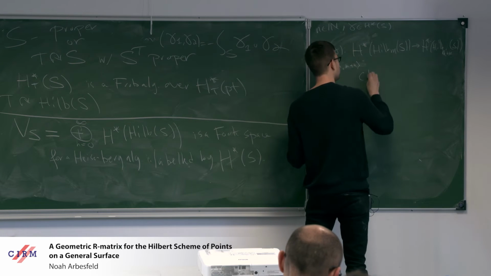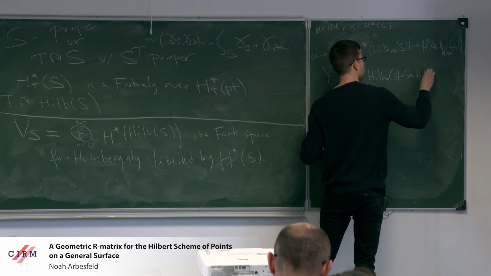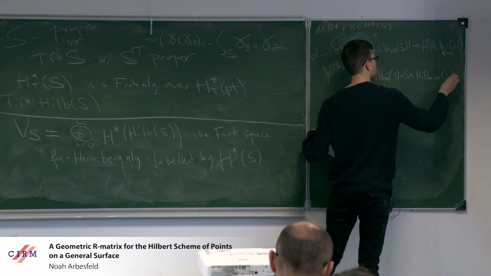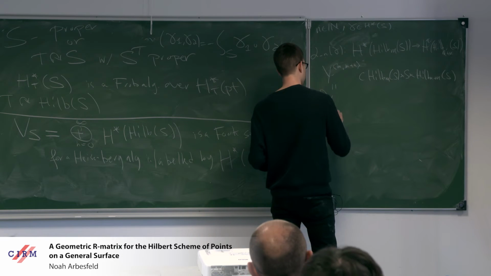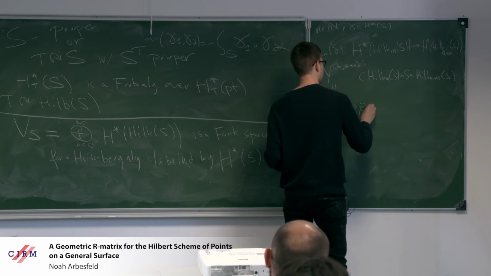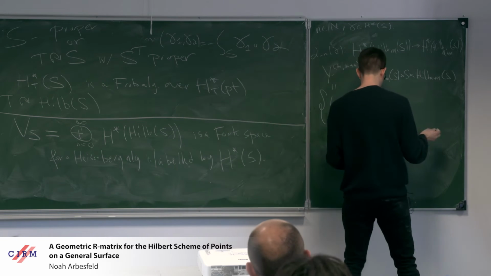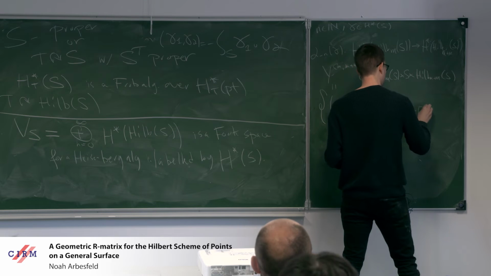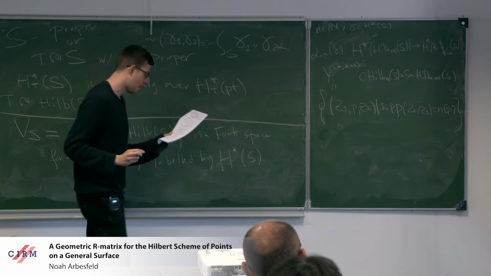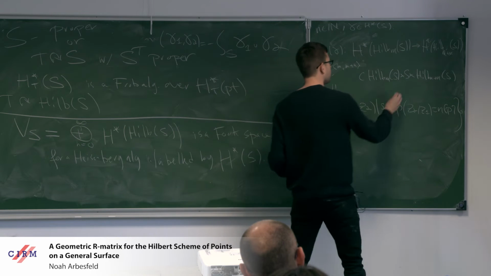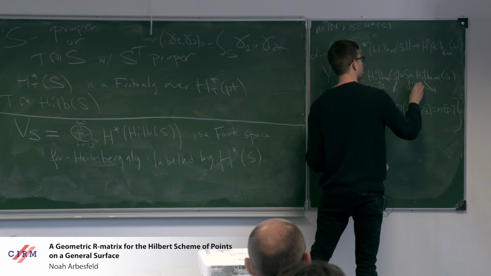I have some cycle in this triple product, and this consists of triples whose support only differs by a single point P with multiplicity n. And this comes with 3 projection maps onto each of its factors.